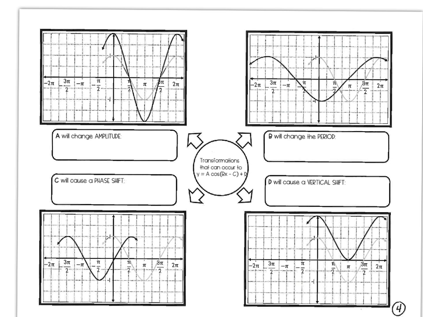Okay, same deal. So just like we saw with sine, cosine, this is the parent function. So we have y equals a times cosine of b times x minus c plus d. A will change the amplitude. So a is the amplitude, and that is again the height of the function.